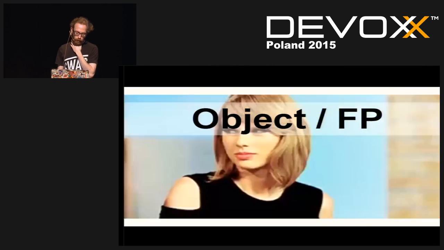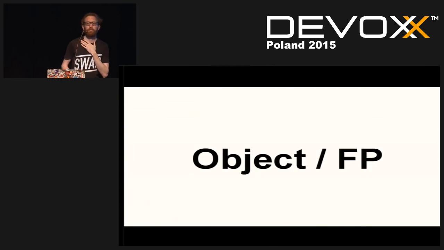FP, on the other hand, the FP community in Scala is like more or less all the thought leaders, whatever that means, are coming from a language like Haskell and stuff like that. And they sometimes expect you to know Haskell or ML or stuff like that. And then the Java, we just do the same thing, but in Scala.